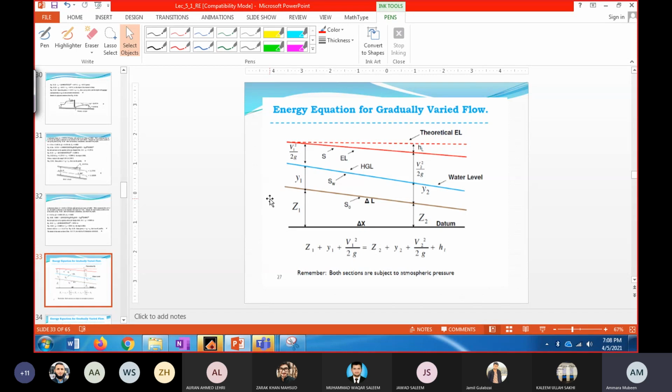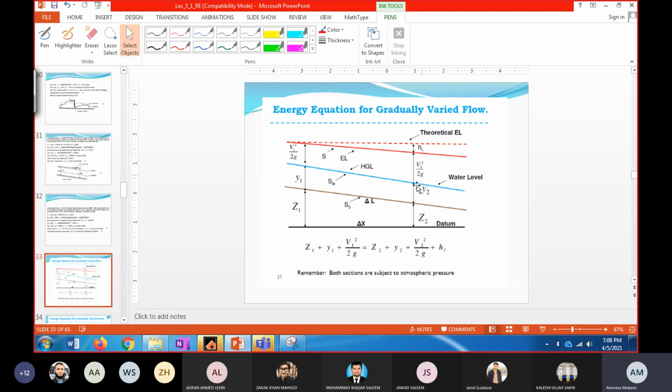Okay, just check this figure. This is the demonstration of hydraulic grade line and energy line, and when the flow is ideal, this energy line would be truly horizontal. And when you say that there would be some head losses, then this energy line will be like this. It would be slanting.